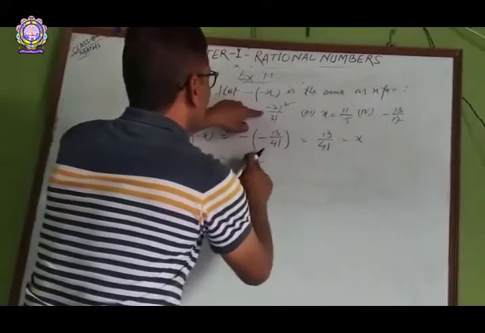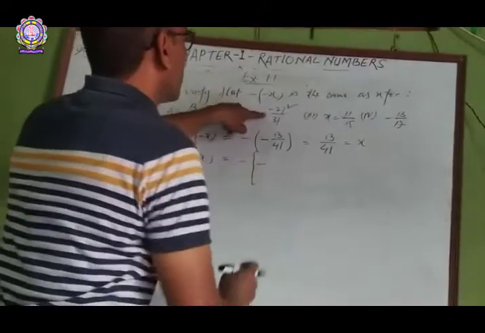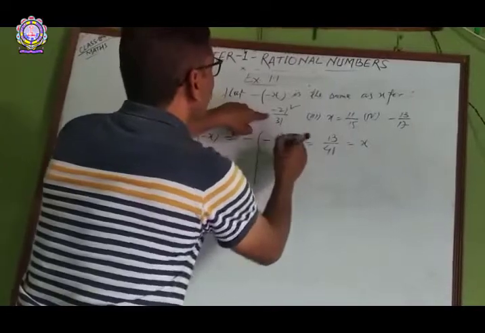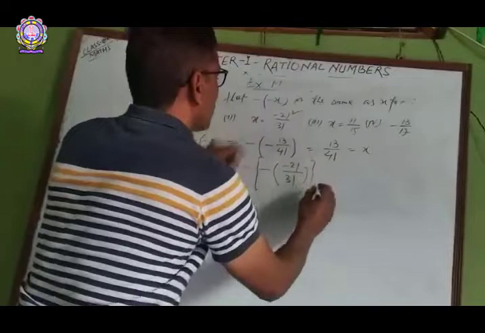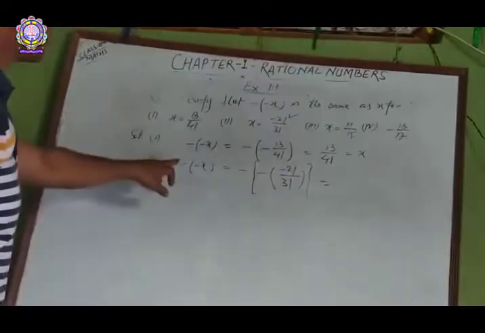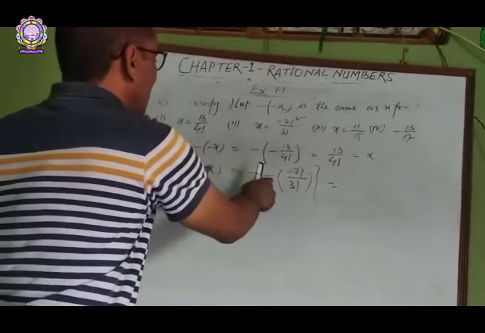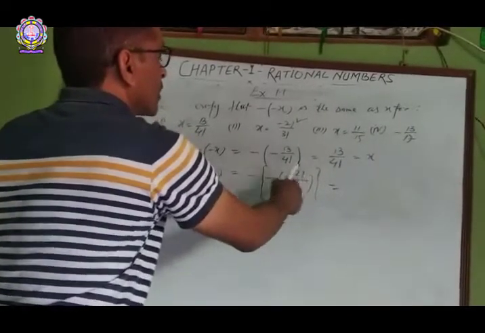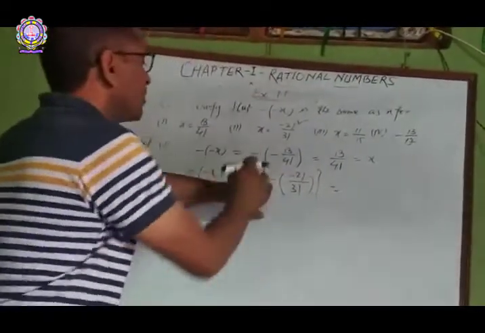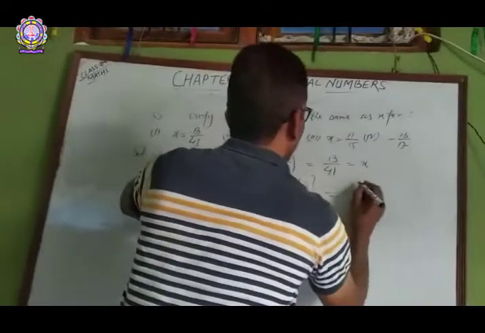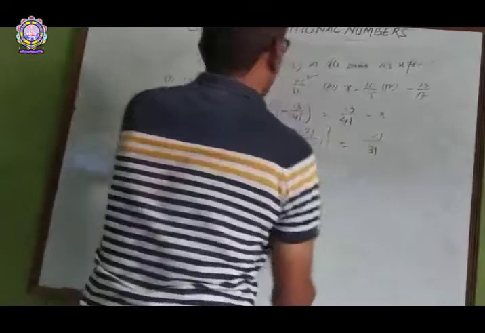We can put it with curly bracket and small bracket, minus 21 upon 31 bracket close, curly bracket close. Here minus, this minus, and x is minus 21 upon 31. Now solve this. Minus into minus is plus, it means answer will be minus 21 upon 31.